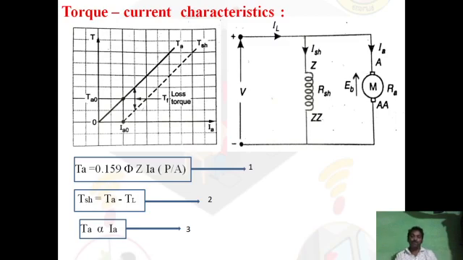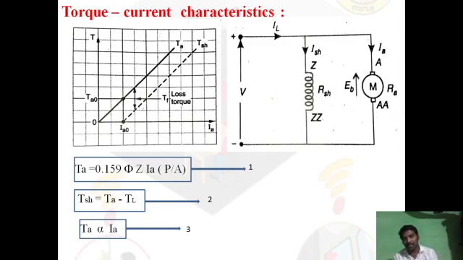So how is torque produced? Whenever a current carrying conductor is placed in a magnetic field, it experiences a force. Therefore, all the conductors placed in the armature slots experience a force. These forces collectively are called torque.